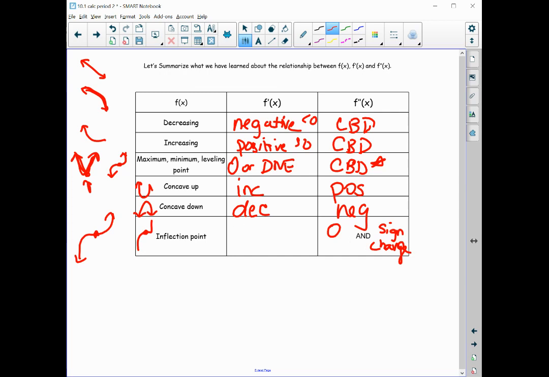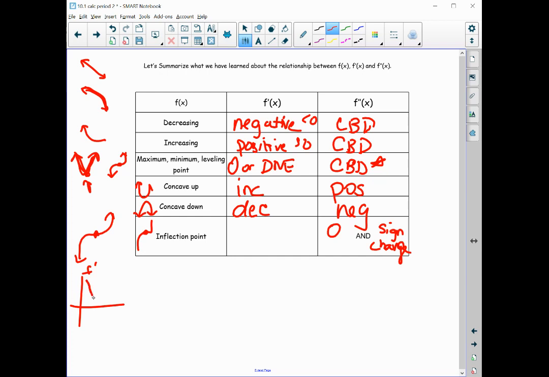And then for f prime, let's think about what would happen on f prime if I were to graph it. So if this is f and I tried to graph f prime, well, I know I'm concave down, so I'm decreasing on f prime. Okay, decreasing on the positive side because we're increasing this whole time, so I'll be on the positive side.